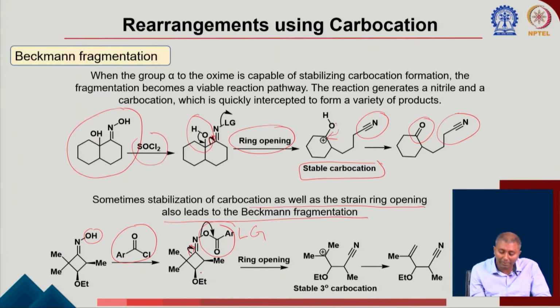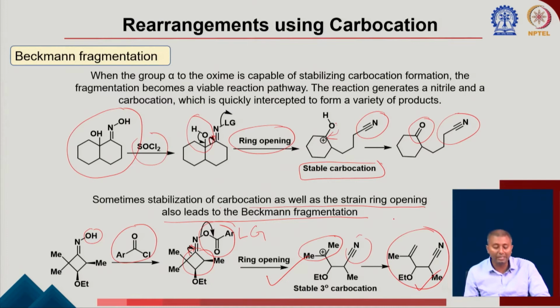Once it is fragmented, it forms a corresponding tertiary carbocation. At the same time, there is a 4-membered ring, so that ring strain is also released once you convert to here. At the same time, it forms this nitrile, and after that there will be an E1 elimination to give the corresponding product.